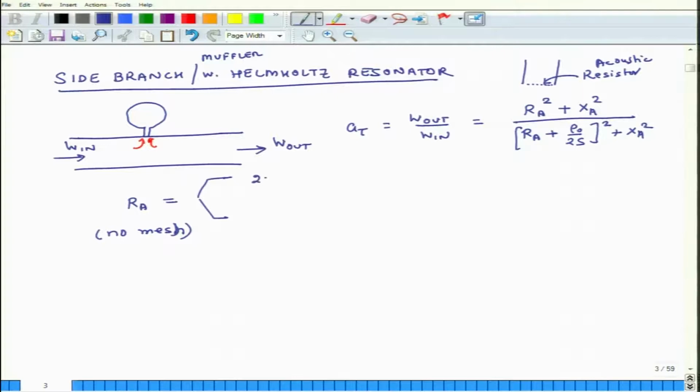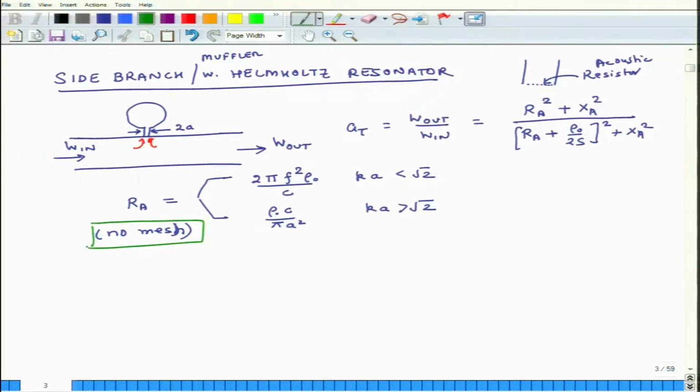RA, the acoustic resistance, is equal to 2 pi times frequency times rho naught divided by C, when ka is less than the square root of 2, where a is the radius of this pipe. And if ka is more than square root of 2, then this is rho naught C divided by pi a square. So, that is RA when there is no mesh.